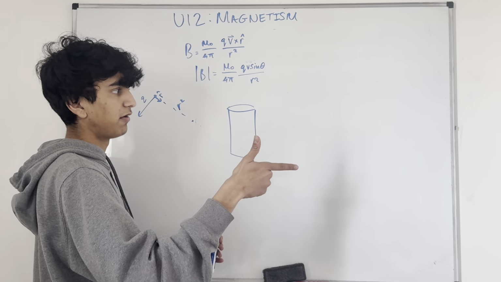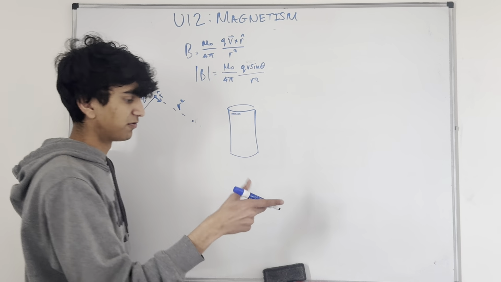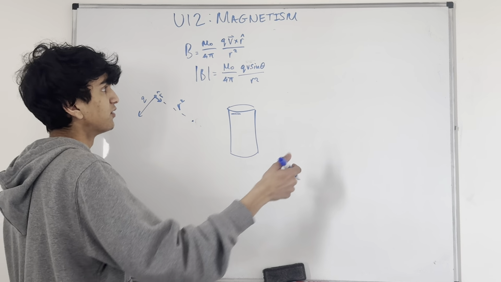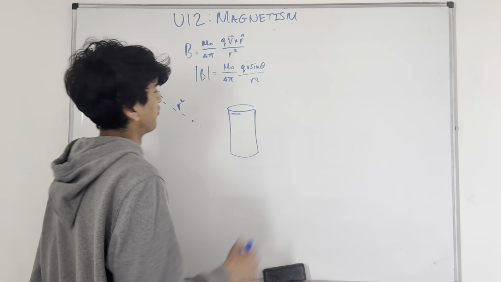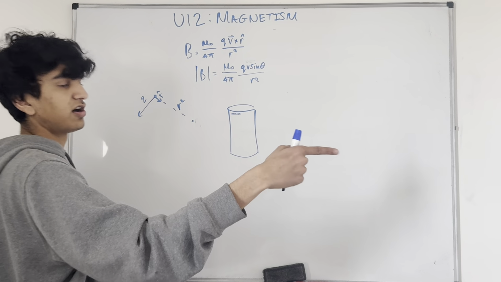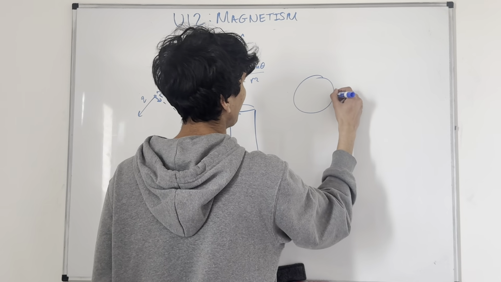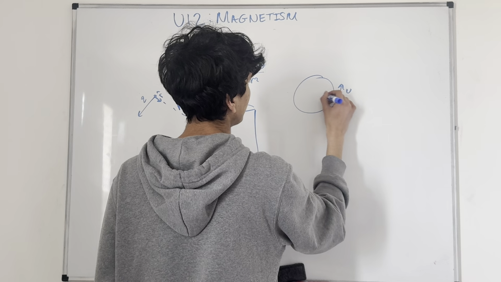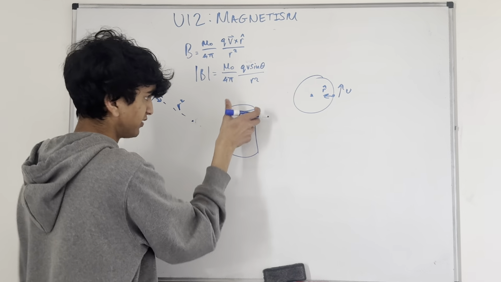You can think about the right-hand rule. If you have an electron spinning like so, the right-hand rule tells us that the magnetic field will point upwards. When I do V cross R hat, the magnetic field would point out of the page, or in this case, up.